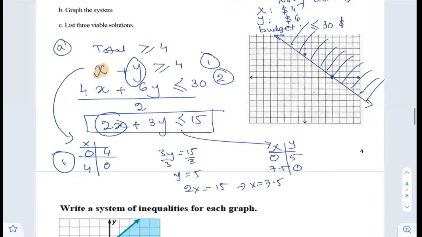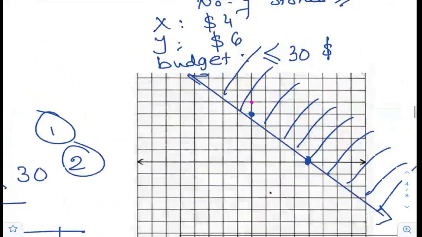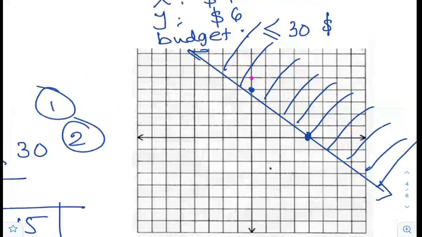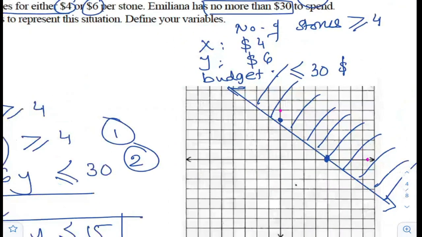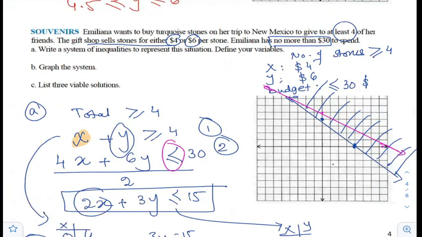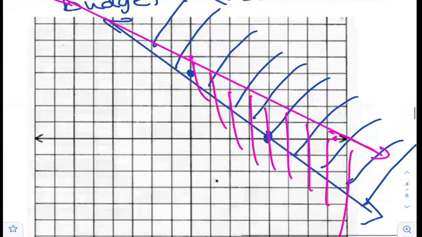And what else? 7.5 and 0. 1, 2, 3, 4, 5, 6, 7, 8. It's exactly here, and it is also a solid line. Kind of something like this, trying to make it accurate. And the shading is below, so it is somewhere here. So this is the area that we are looking for. This is the solution area.